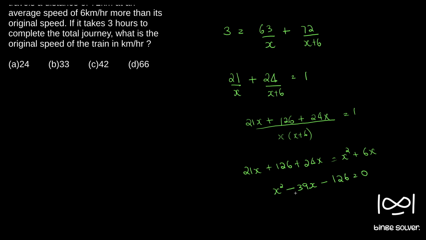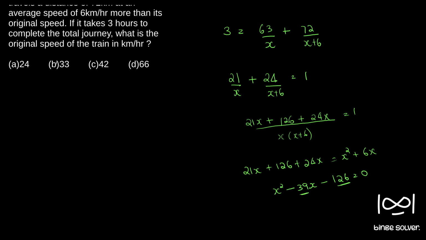You can go and apply the formula minus b plus or minus root of b square minus 4ac by 2a, but here we can use the concept of sum and product to find the solution. If you see, the sum is 39.